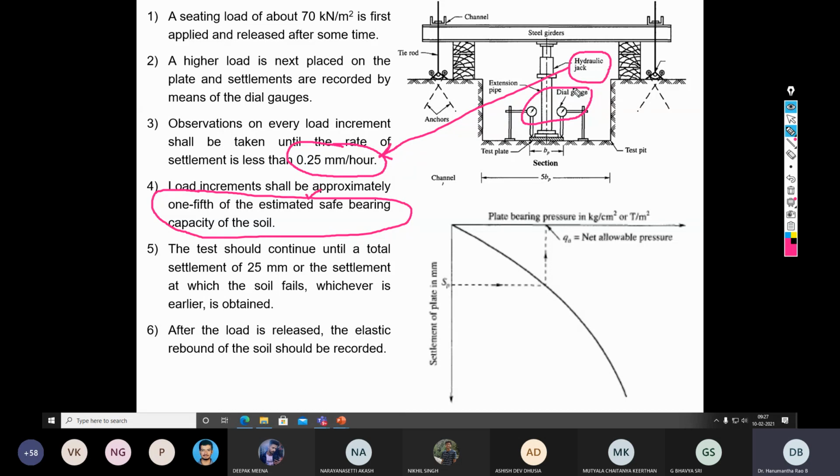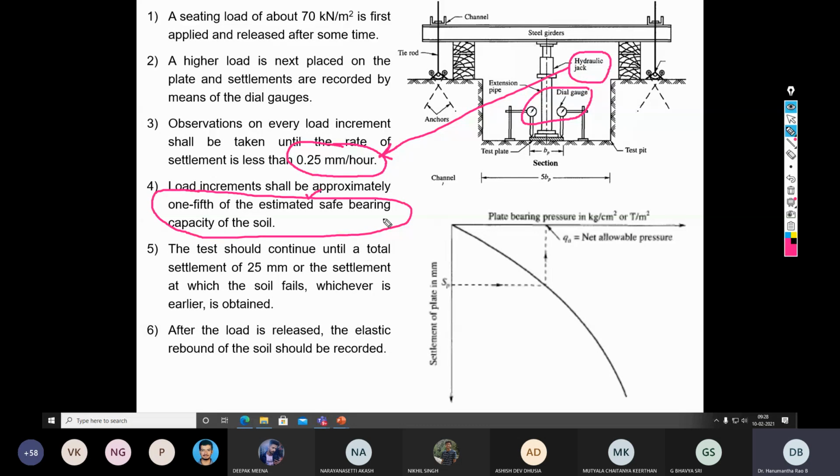Okay, once you have recorded that three consecutive settlement readings are the same, then you should go for the next increment of load. And that load shall be maintained until three consecutive dial gauge readings remain the same. So this entire process has to be repeated.